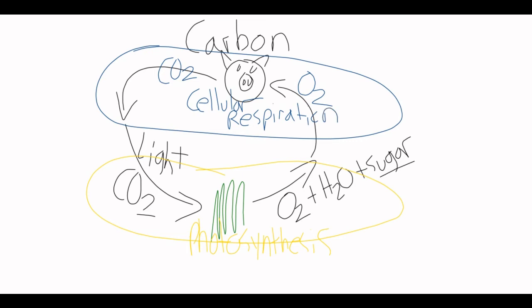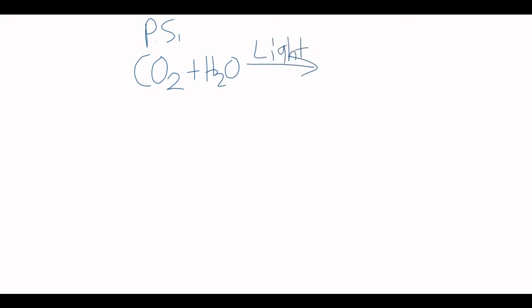Okay? So that's basically the carbon cycle. And the really cool thing is photosynthesis and cellular respiration are basically opposites of each other. The products of cellular respiration are the reactants of photosynthesis. So photosynthesis is carbon dioxide plus water in the presence of light produces oxygen and sugar.